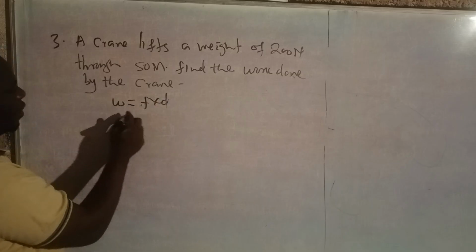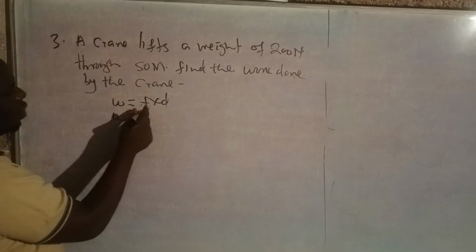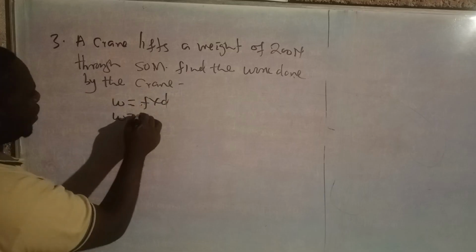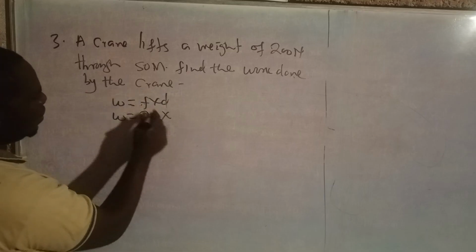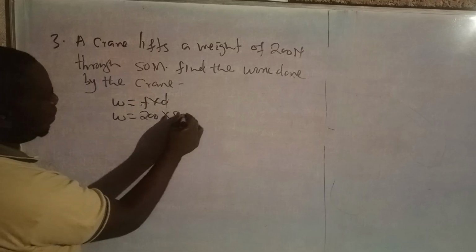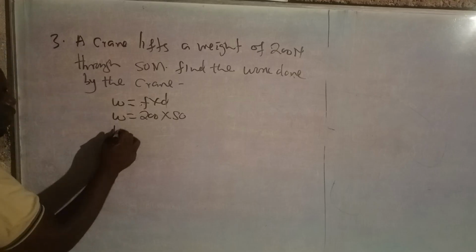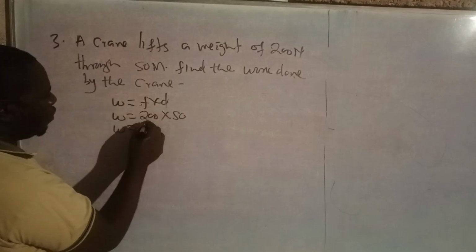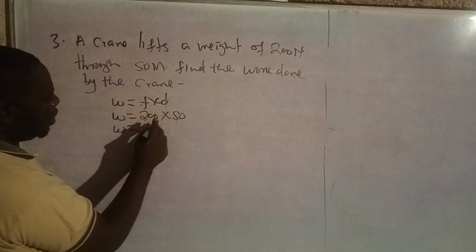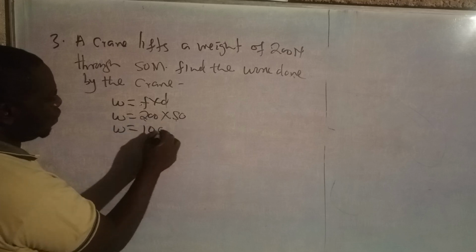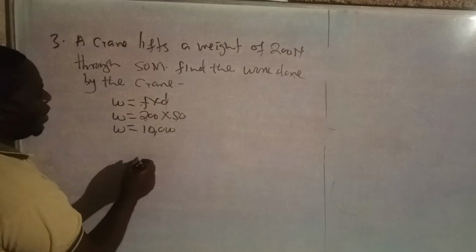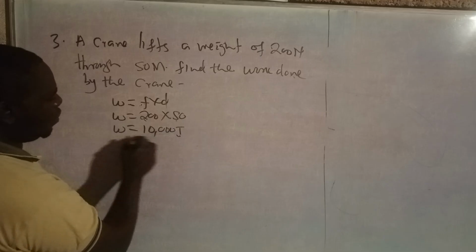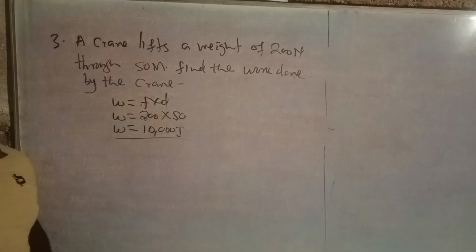The force given in the question is 200 newtons. Distance is 50 meters. So work is equal to 200 times 50. So 2 times 5, which is 10, then 3 zeros, so that will be 10,000 joules. This will be the final answer for this question.